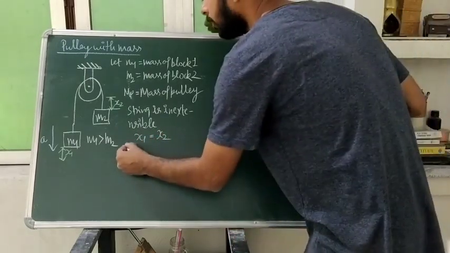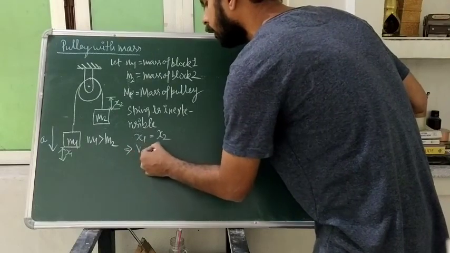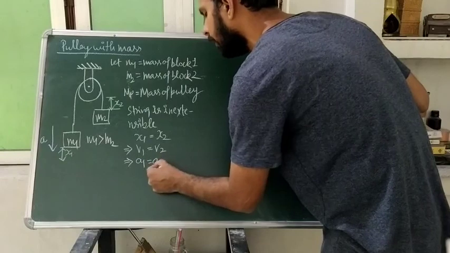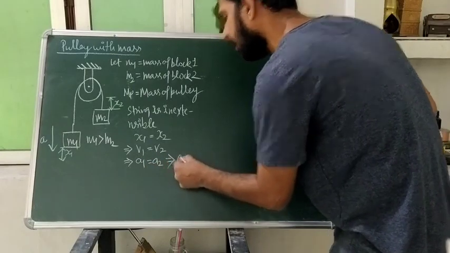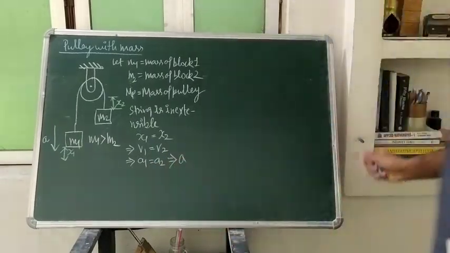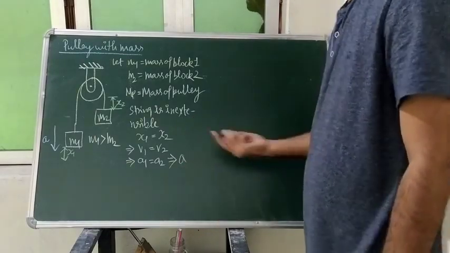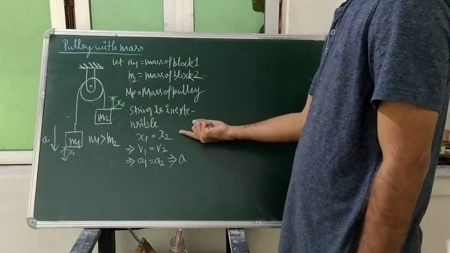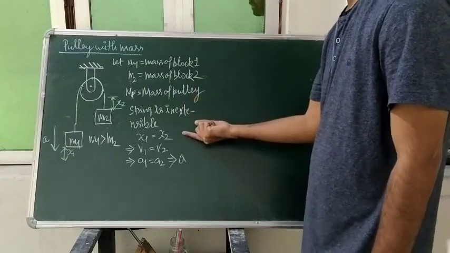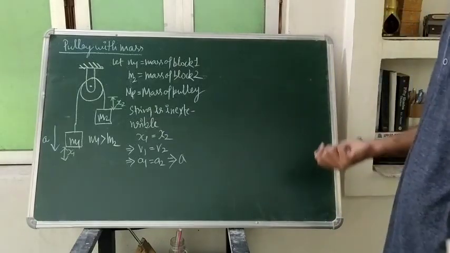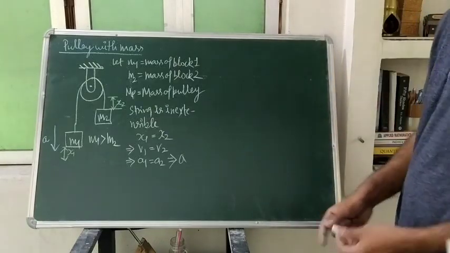So when x1 is equal to x2, velocity v1 will be equal to v2, and acceleration a1 will be equal to a2, which we call our a for the time. Getting? We will differentiate it. Again we will differentiate it. From the distance, differentiation gives velocity, differentiation of velocity gives acceleration, change in velocity divided by change in time. Okay, student?